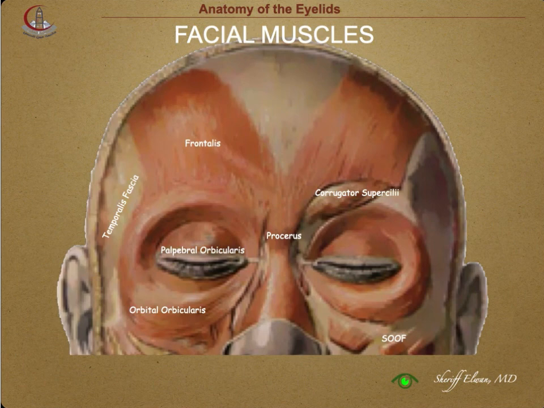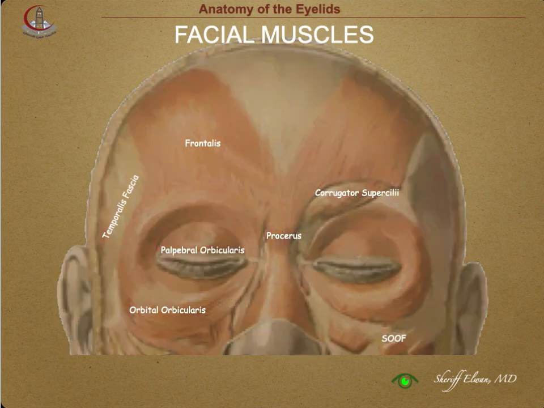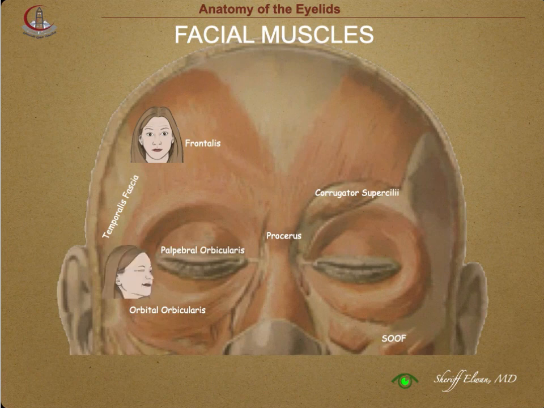Here they are all together. The frontalis muscle, which helps to elevate the eyebrows during looking upwards.